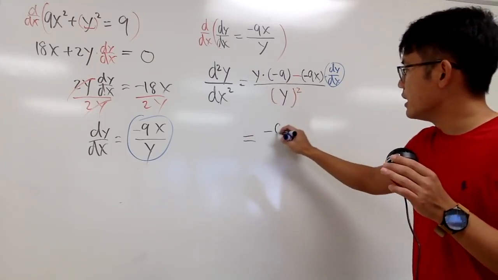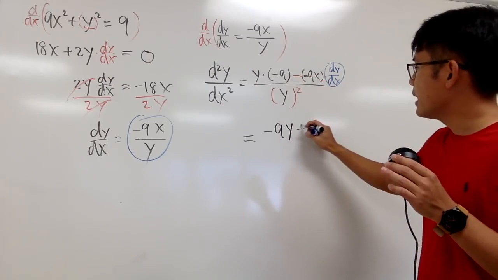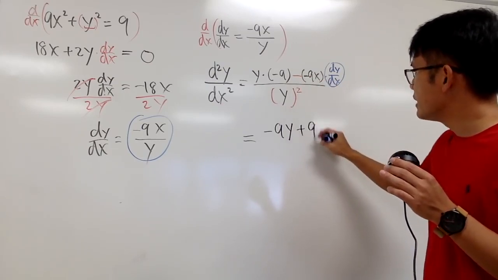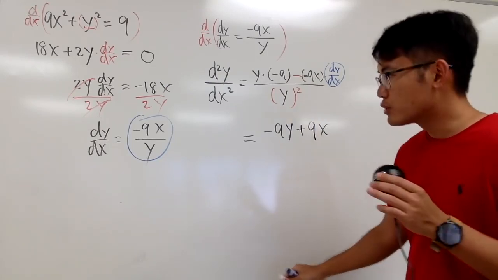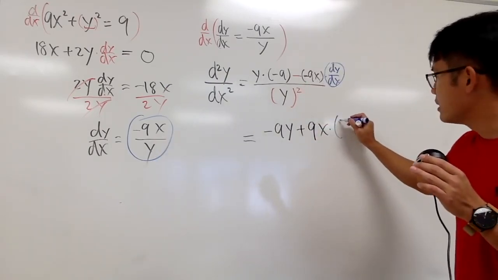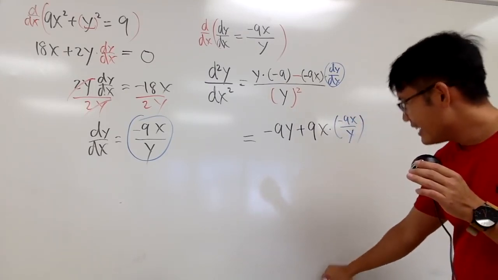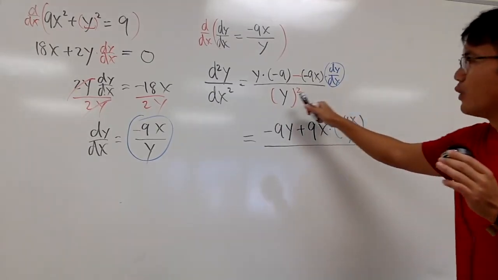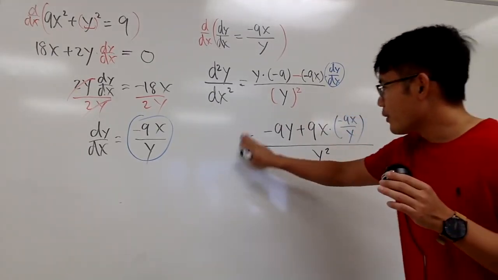Here, this is just negative 9y, and then negative negative becomes positive, and we have the positive 9x, and then the dy/dx, I will just write it down as that. Namely, we'll multiply by negative 9x over y, and then we divide it by y squared on the bottom, like this.